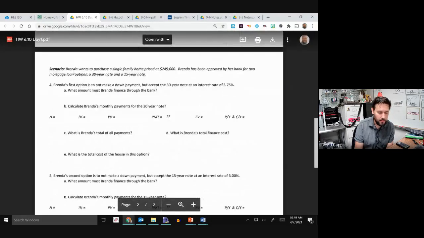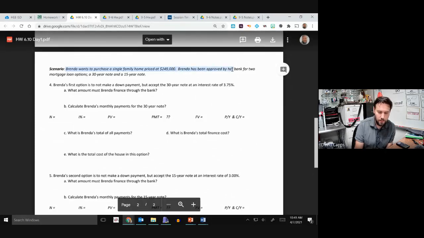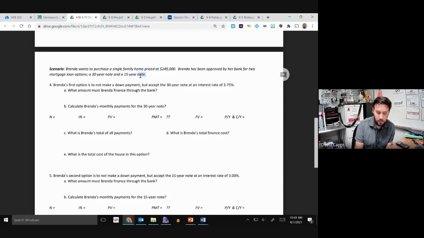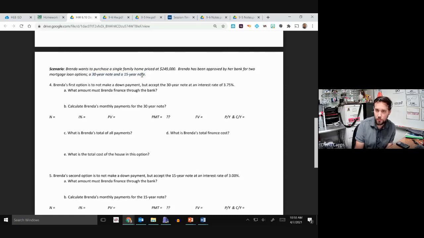The next scenario: Brenda wants to purchase a single-family home priced at $249,000. Brenda's bank has approved her for two mortgage loans, a 30-year note and a 15-year note. So now you get to look at both of these, a 30-year mortgage versus a 15-year mortgage. A 30-year mortgage says you're going to pay this back within 30 years.